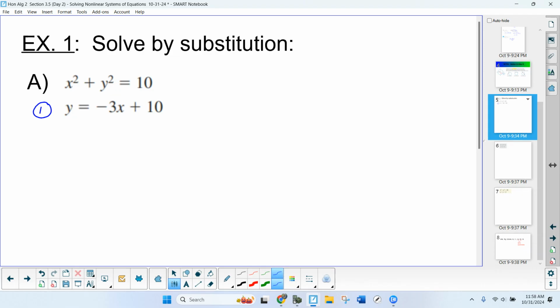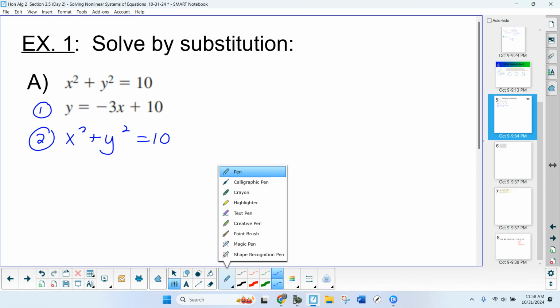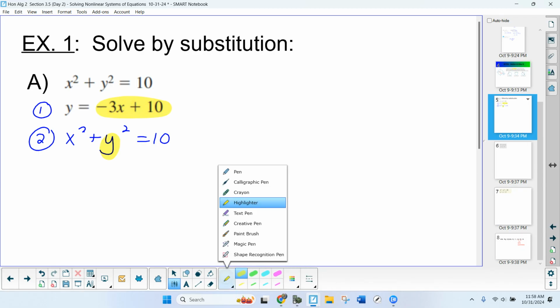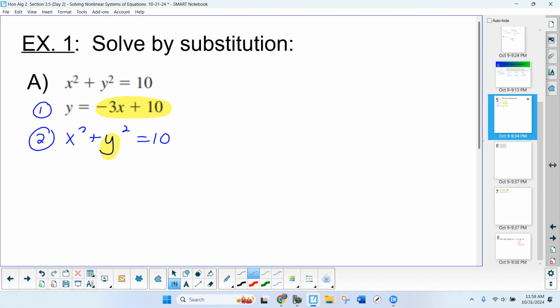Step 2, go into the other equation, and everywhere I see a y, I'm going to put in negative 3x plus 10. The only thing is, this is y squared, so when you square it, what do you have to do to it?